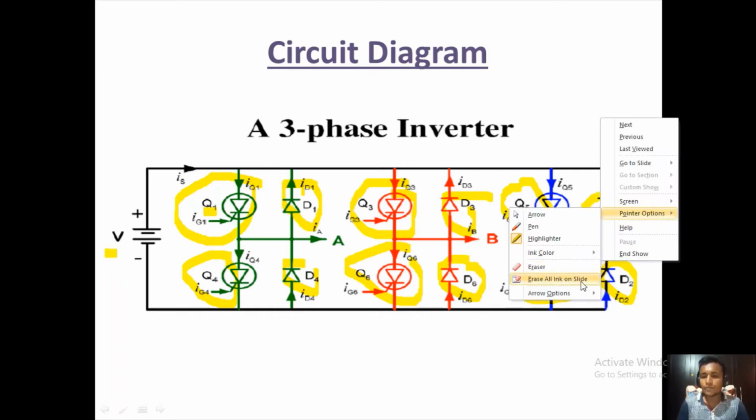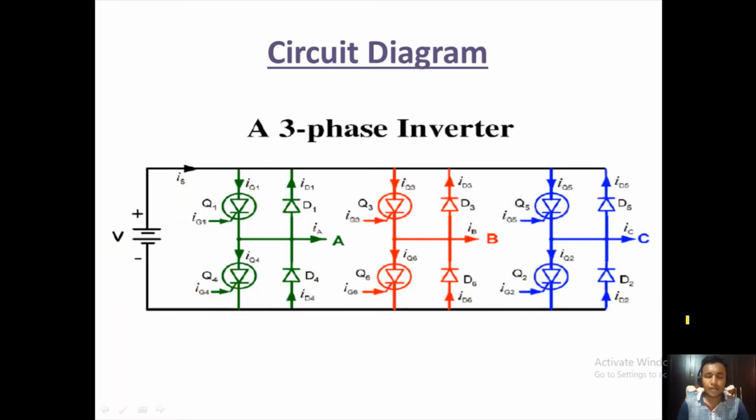Diodes can be classified according to the application. It can be a rectifier diode, that is a normal PN junction diode that can be used to convert an AC signal into a DC signal. Second, there is the freewheeling diode. We already know that a freewheeling diode is always connected across the inductive load, and it releases the energy through the diode in the freewheeling portion.